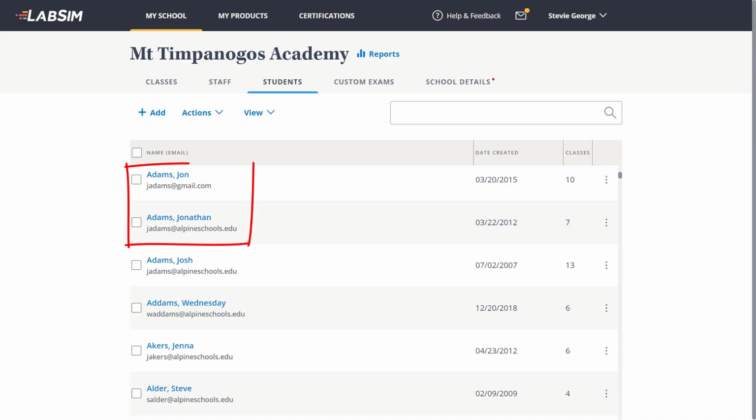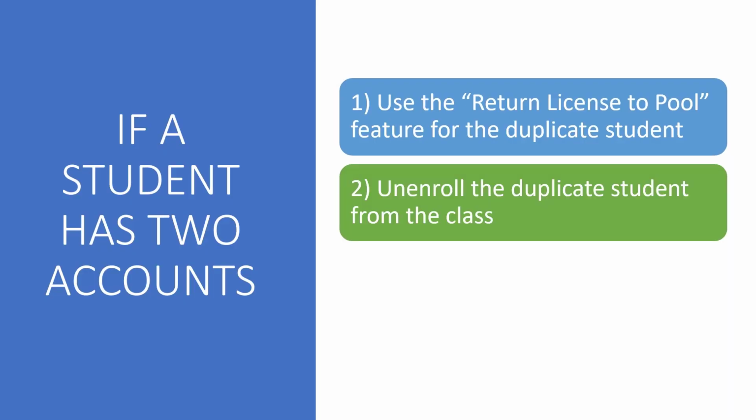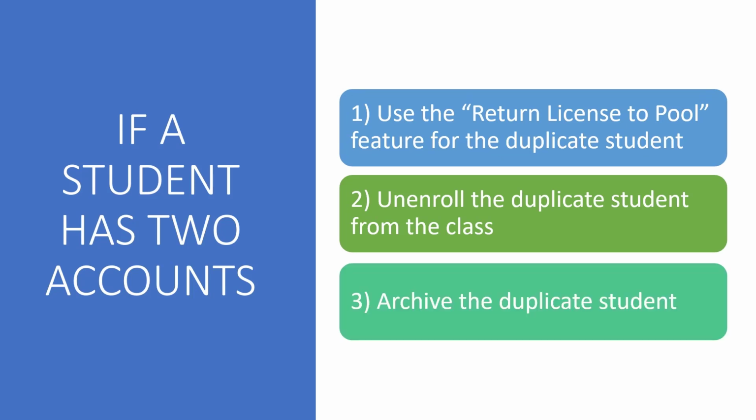Lastly, if a student accidentally created 2 accounts, you can use the Return License to Pool for the duplicate student, unenroll the duplicate student from your class, and archive the duplicate student. You are also welcome to contact your TestOut representative for assistance.